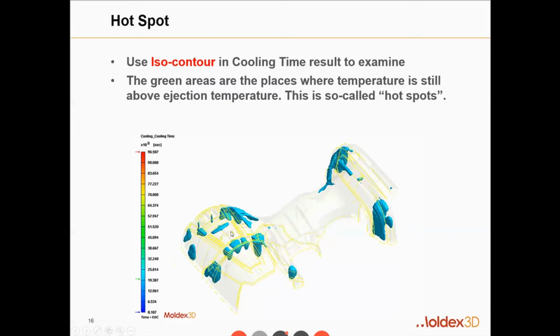Okay, then you can use the function we call iso contour to examine which area has the so-called hotspot. Okay, so one important result that it can demonstrate is which area is still above injection temperature at the end of cooling time.